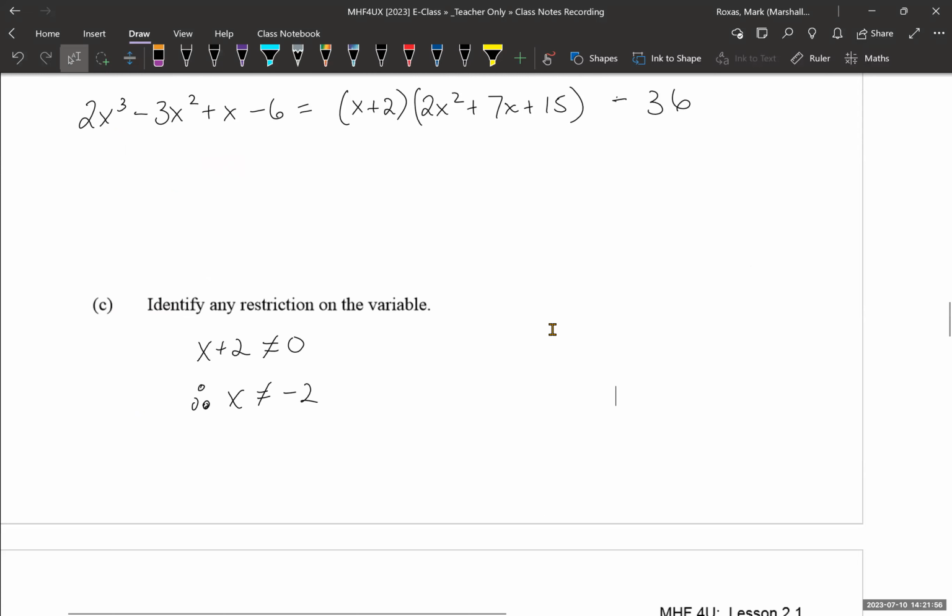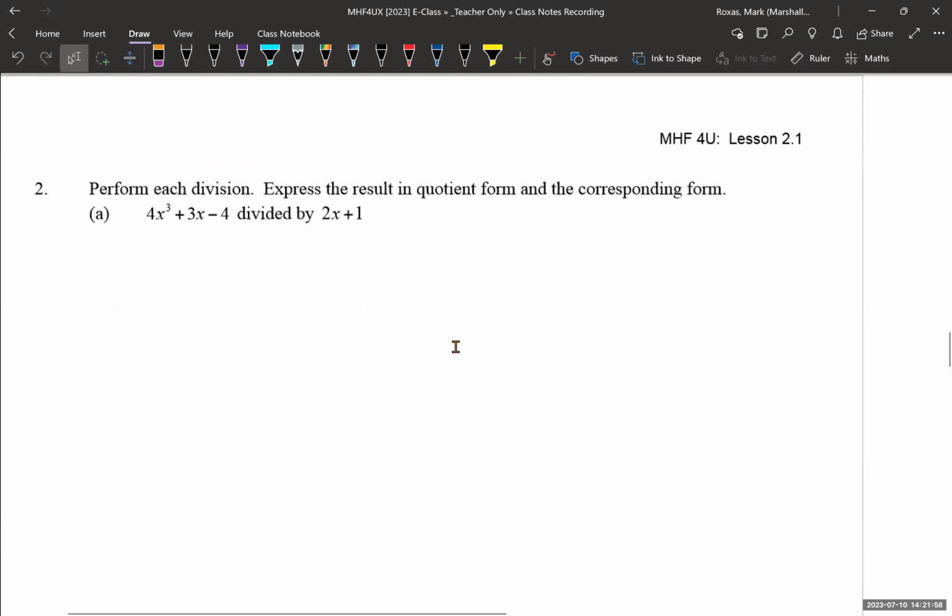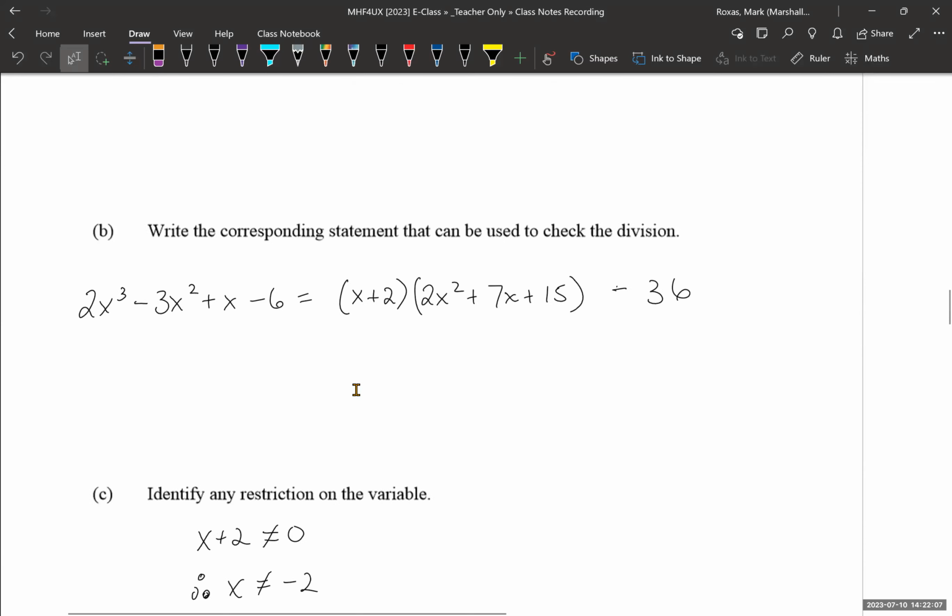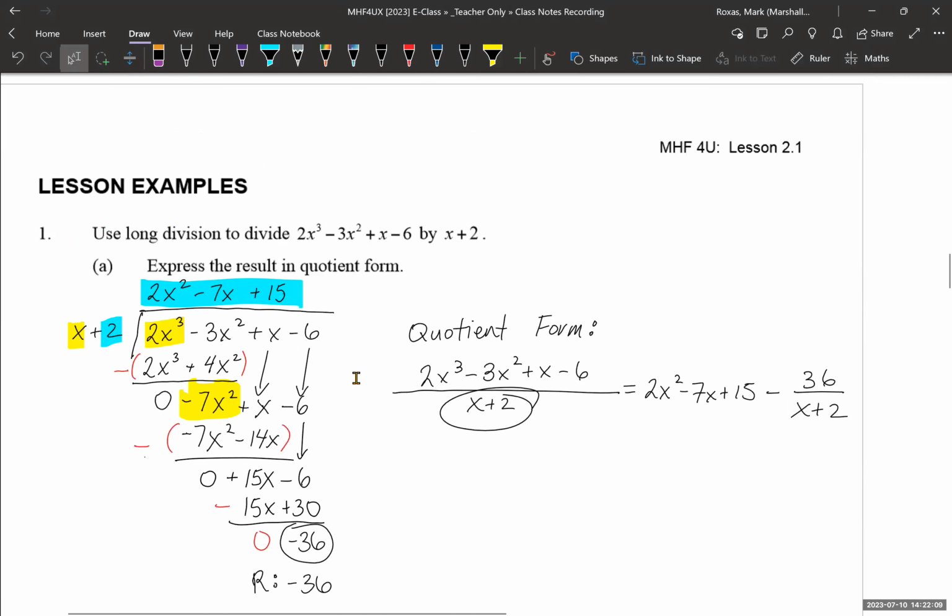Part number 2. Perform each division, express the result in quotient form and the corresponding form. Actually, just before we get into that, I want to just go back to remainder theorem again. Remember remainder theorem? Could it have predicted the remainder?